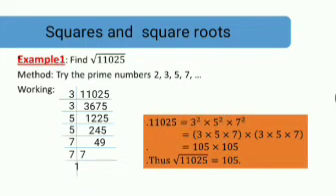Now let's look here. We have 3 in 2 places, so that is 3 raised to the power of 2. Then we have 5 twice, so 5 raised to the power of 2. We have 7 twice, so we have 7 raised to the power of 2.